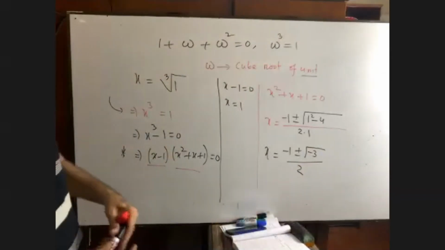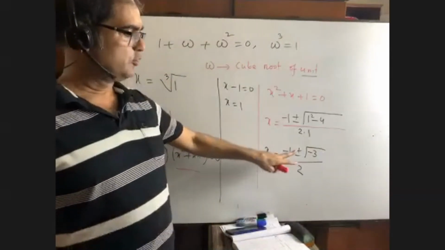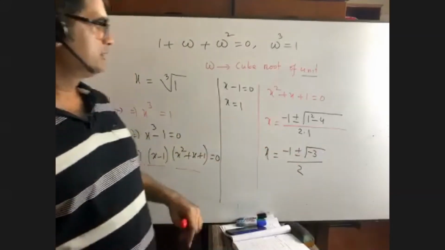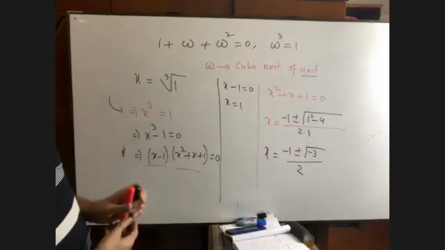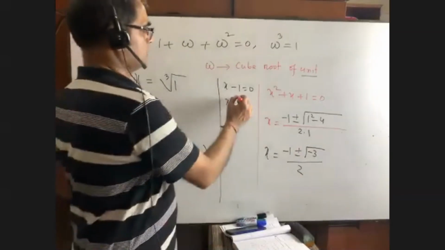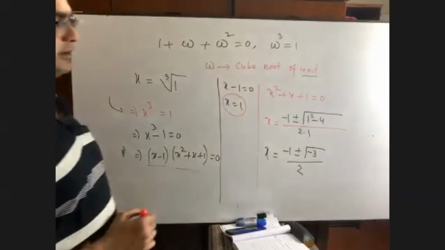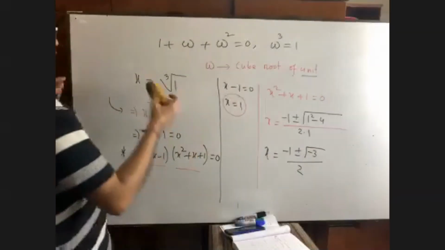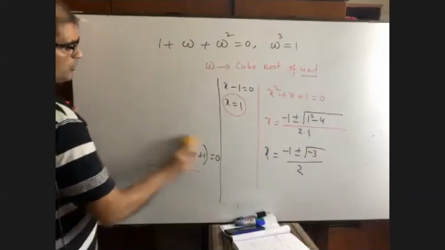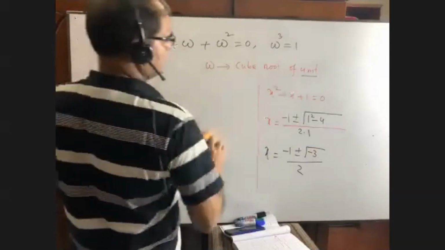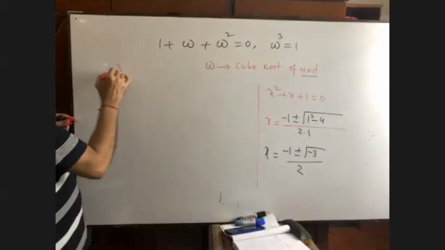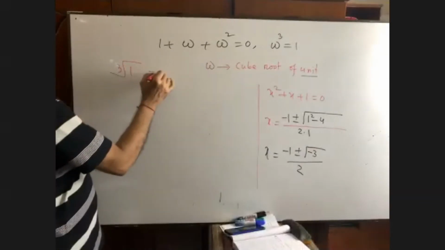And you see, we have got two values. One is positive and the other is negative, right? And we have already got another value, x equals 1. So here we have got three values. What was assumed by x? Can you remember? The cube root of 1 was assumed by x, right?